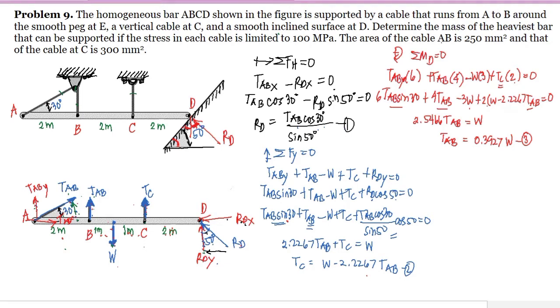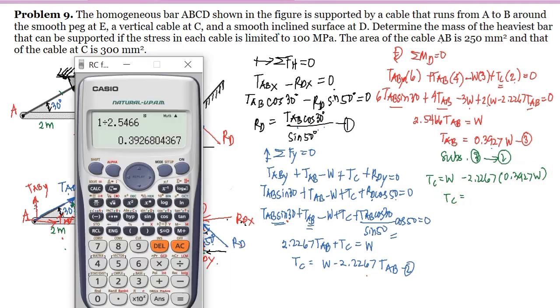Now, if we are going to substitute equation 3 to equation 2, then we have TC is equal to W minus 2.2267 of TAB, so that's 0.3927 W. So we have here TC is equal to 1 minus 2.2267 multiplied by 0.3927, and that is equal to 0.1256.